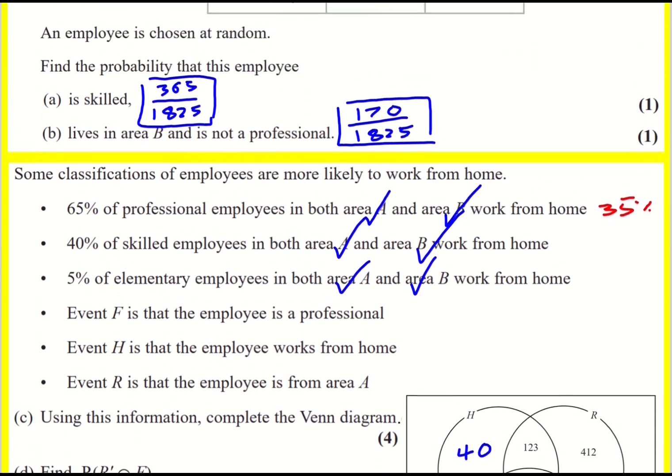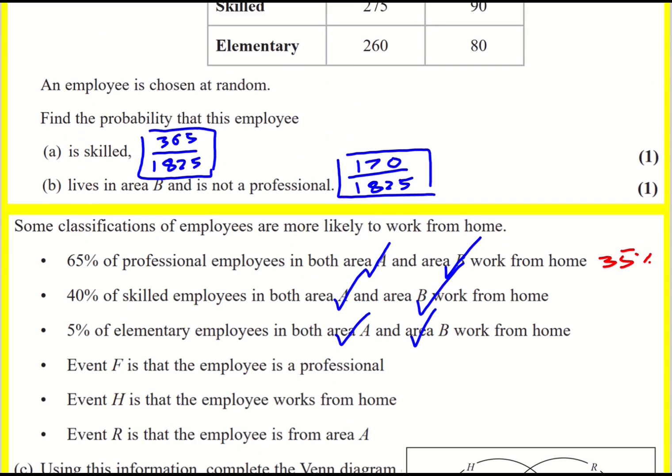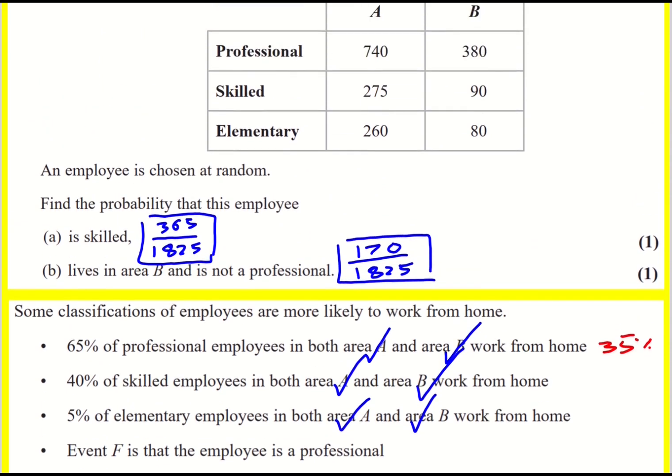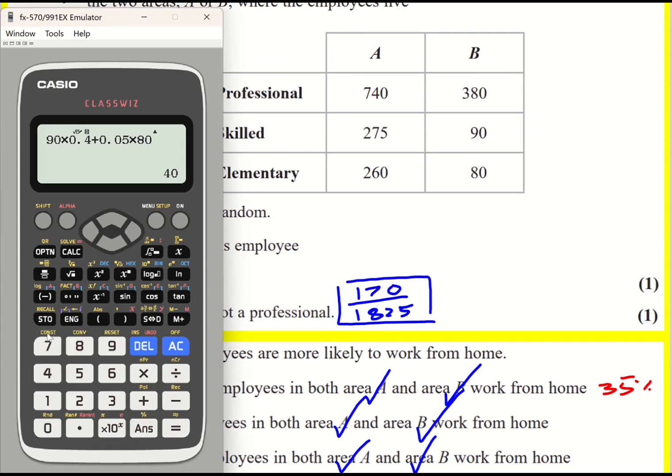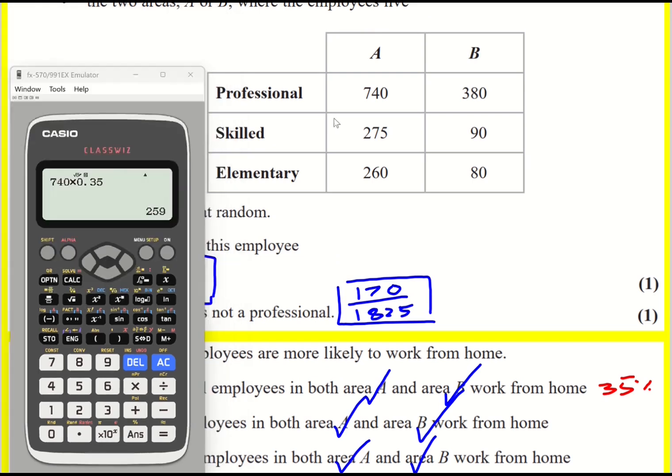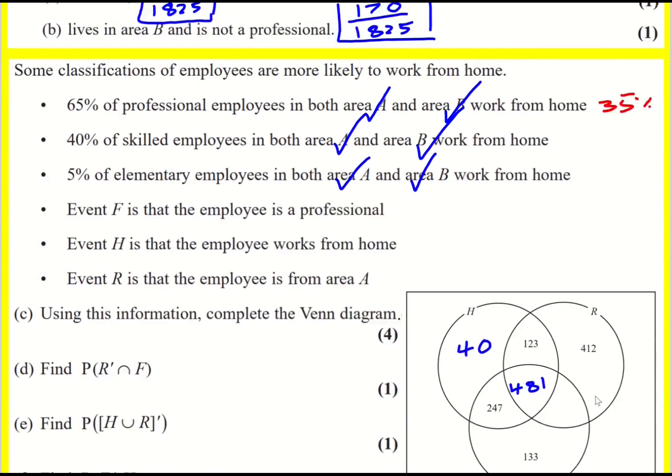So 35% of professional employees in area A do not work from home. So I can do 740 times 0.35. That gives me 259.